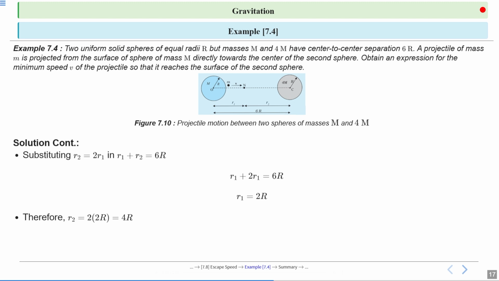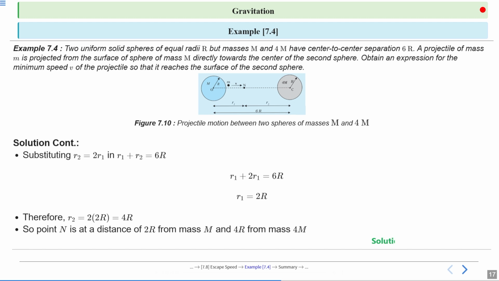Therefore, r2 is equal to 2 into 2r, which is 4r. So the point N is located 2r from the mass m and 4r from the mass 4m. This positioning is critical because it affects the gravitational forces acting on the projectile.